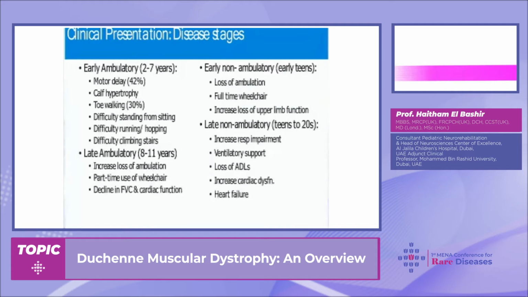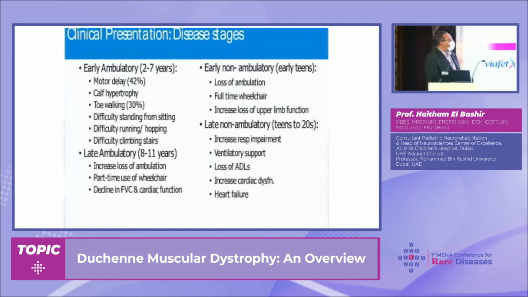But you all know about the symptoms and signs of the disease, especially in the early ambulatory stage: calf muscle hypertrophy, motor delay, and speech and language delay can sometimes be the initial presentation. Symptoms include mainly motor delay, including difficulty standing from sitting, difficulty with running and hopping, and difficulty with climbing stairs. It's really interesting because those three features are the ones we use in the assessment when we do the rehabilitation for those children.